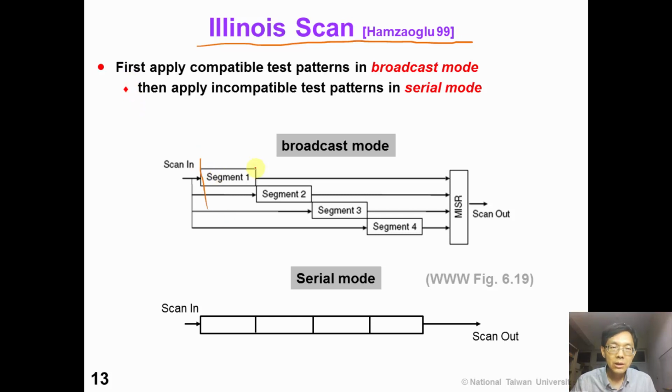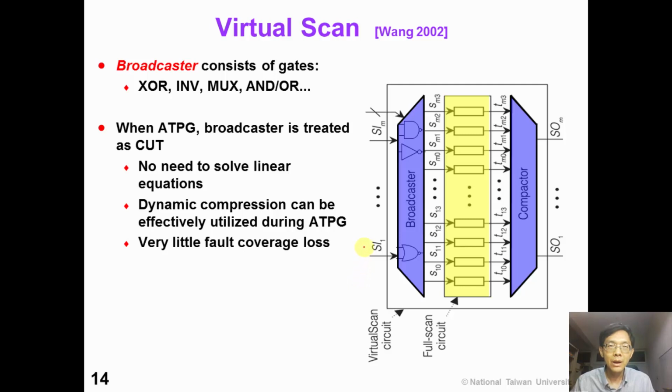They divide the scan chain into segments and they tie the input together in broadcast mode. We first apply compatible test patterns in broadcast mode. In this way, we can compress the test data and reduce the test time. If we have incompatible test patterns, we can apply them in serial mode. In this way, we can apply any pattern to maintain our fault coverage without any degradation.